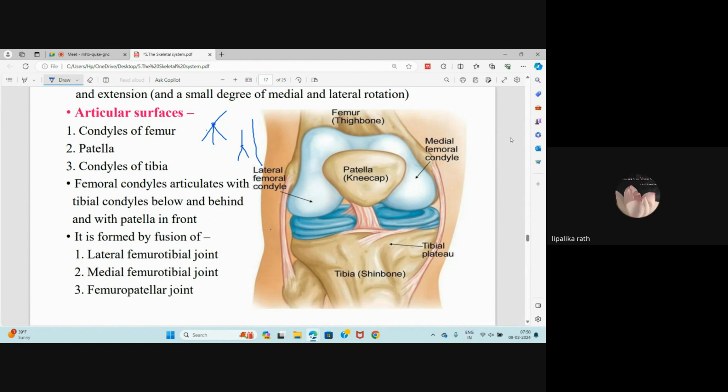The side where medial femoral condyle is mentioned is medial, and the other side is lateral.